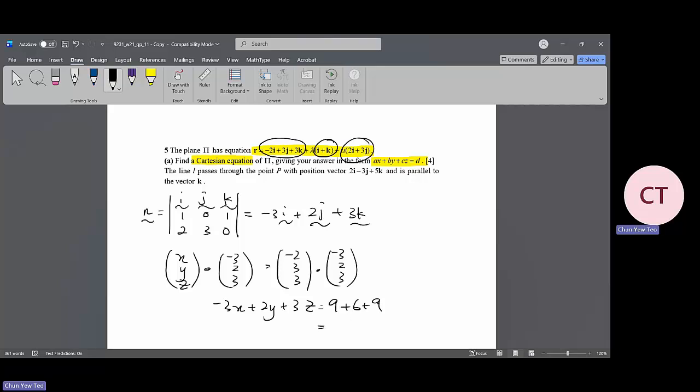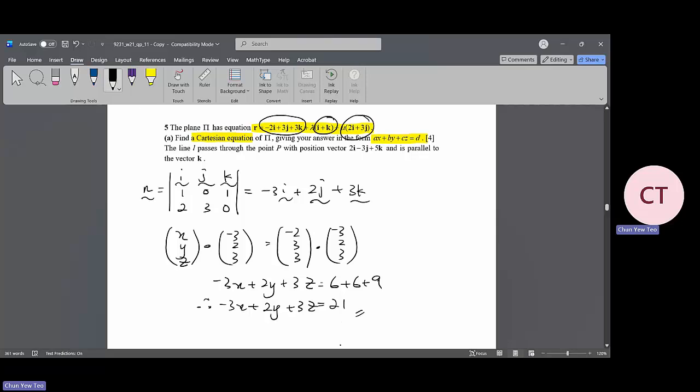Sorry, this is 6 plus 6 plus 9. So you will get this as 21. So therefore, your Cartesian equation of the plane will look like this. So this is the answer for part A.